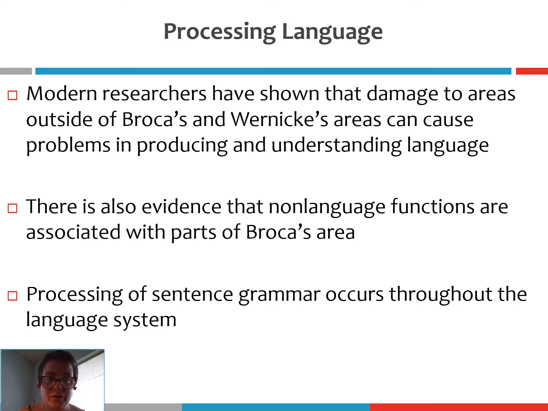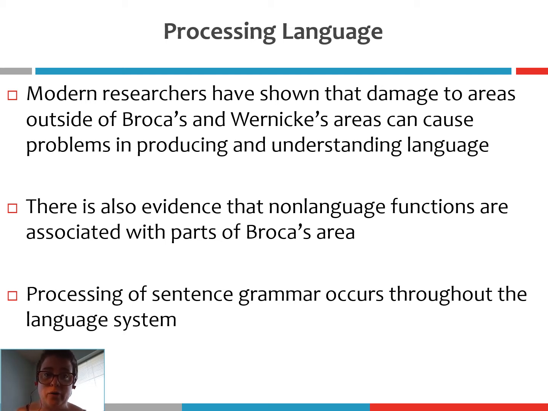So for example, you can sustain damage to your parietal lobe and still have significant difficulty with speech comprehension and speech production. There's also a lot of evidence that Broca's area isn't just singularly involved in speech production. It's also responsible for a lot of different kinds of motor learning.